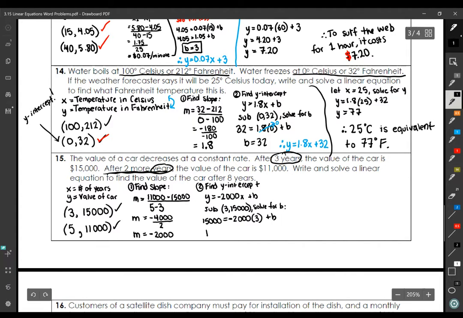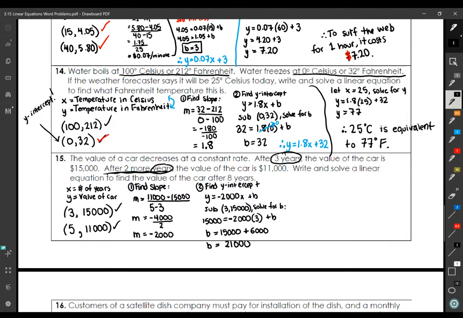So our b becomes equal to 15,000 plus 6,000. So our initial value becomes $21,000.